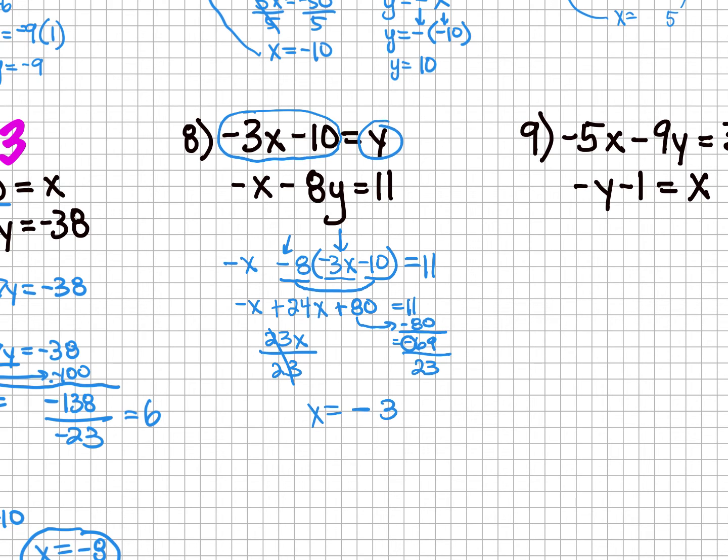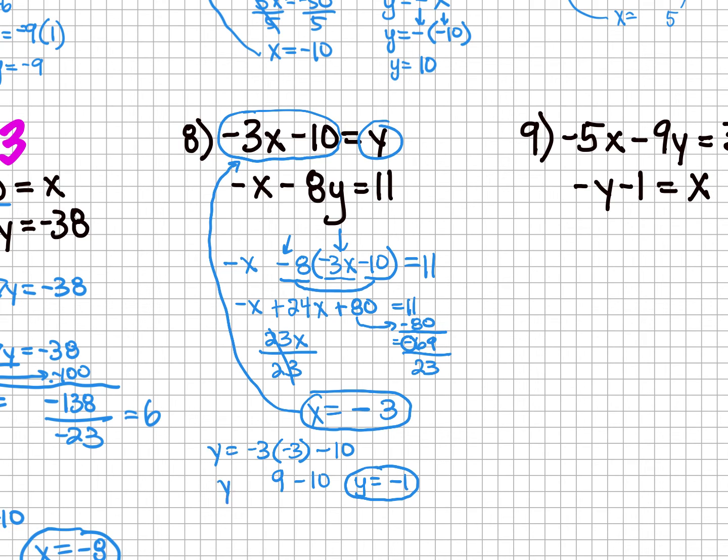X equals negative 3, and I can plug that back into here to figure out what y is, because y equals negative 3 times whatever x is, so negative 3 times x is negative 3 also, times negative 3 minus 10. We have plus 9 minus 10, y equals negative 1. Okay, and I could have said y equals down here.